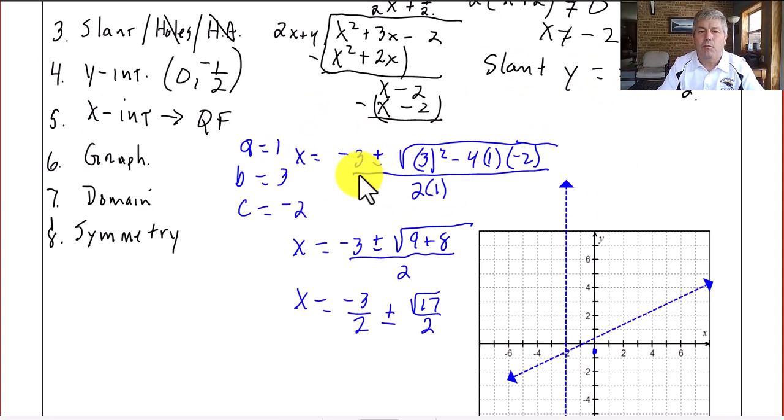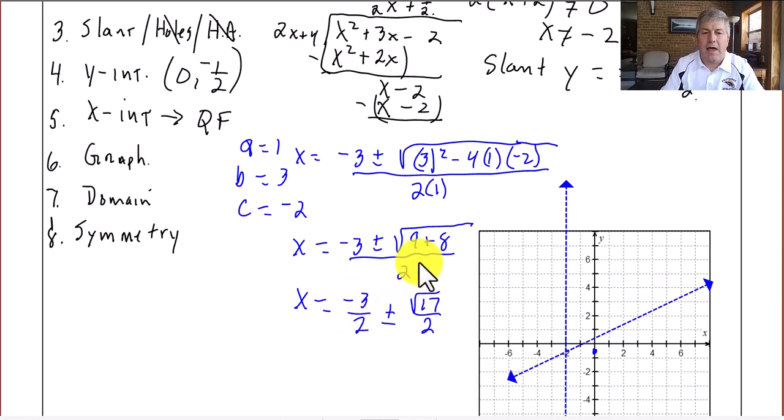So in my numerator, my a value was 1, my b was 3, my c is negative 2. So using that quadratic function in my numerator, I do the quadratic formula to solve for x. So the opposite of b plus or minus the square root of b squared minus 4ac all over 2a. So I end up with negative 3 plus or minus the square root of 9 plus 8 all over 2.